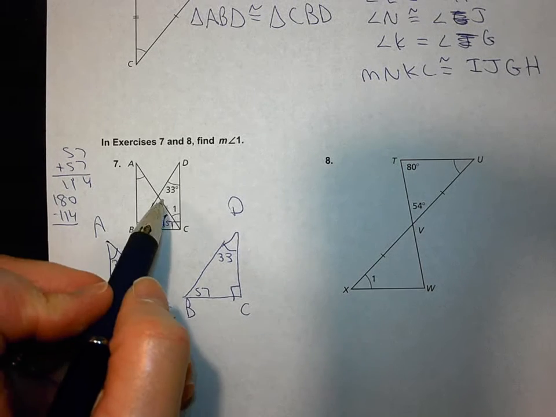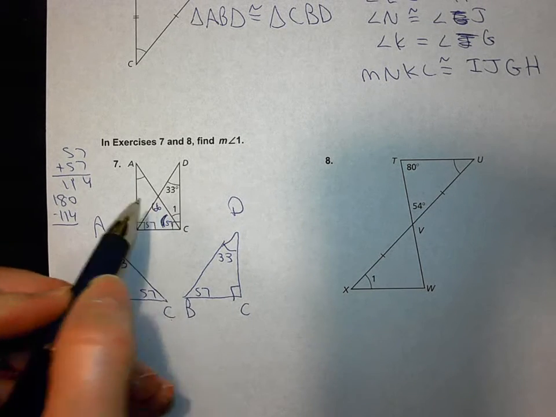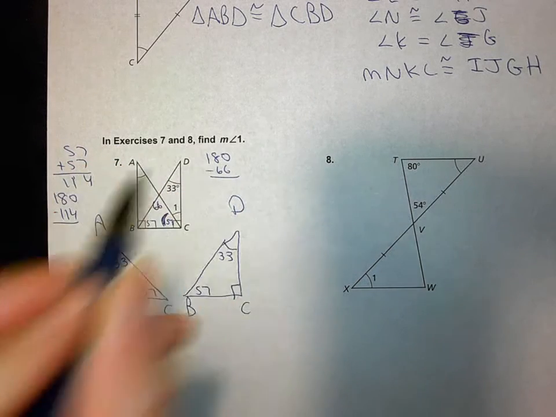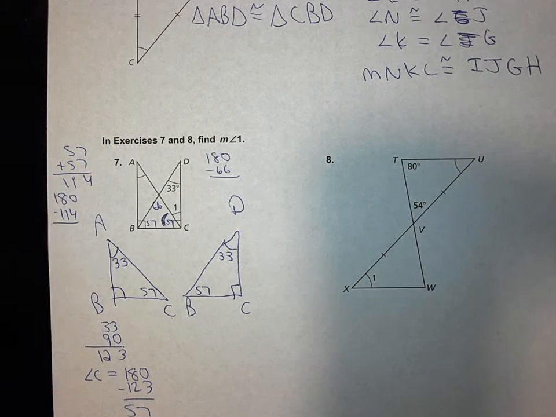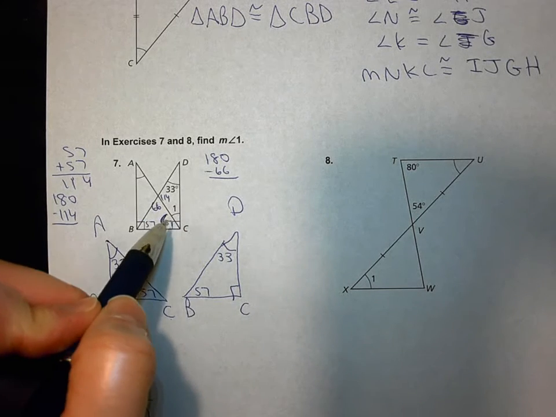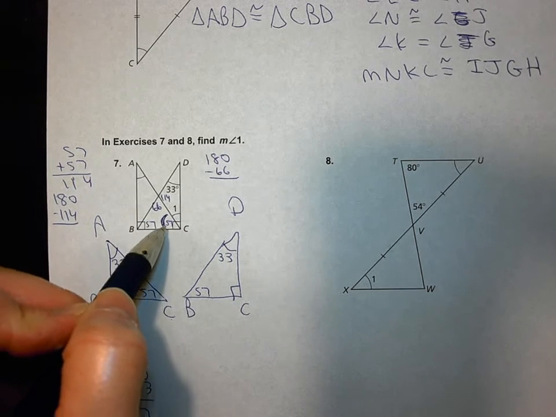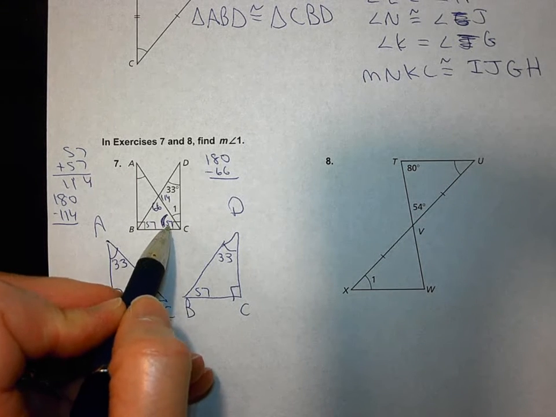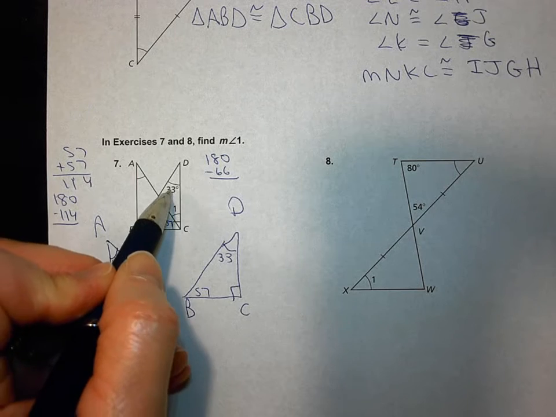Now we're going to figure that angle because we have a linear pair. So we're going to do 180 minus 66. So 180 minus 66 is going to be 114. And again, angle 1, you could find that two ways. You know that this part's a 57, so you could do 90 minus 57. Or you know this is a 114 and this is a 33.